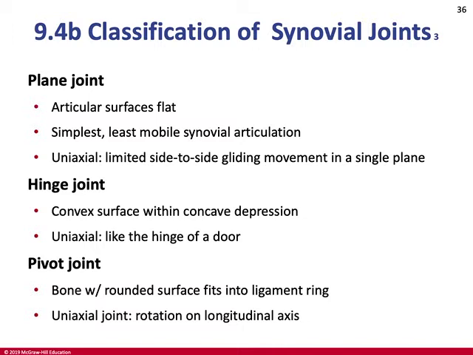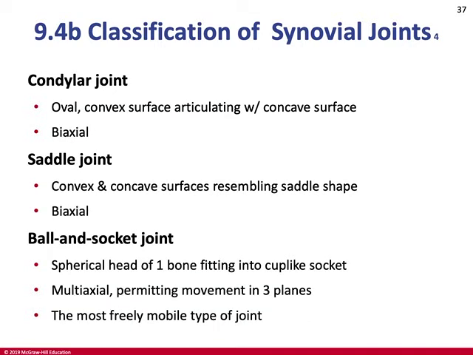Usually there's a ring of dense regular connective tissue that completes the pivot joint, so that the pivoting bone kind of rolls within a circular socket. A condylar joint is an oval protrusion and an oval depression. These are generally biaxial.